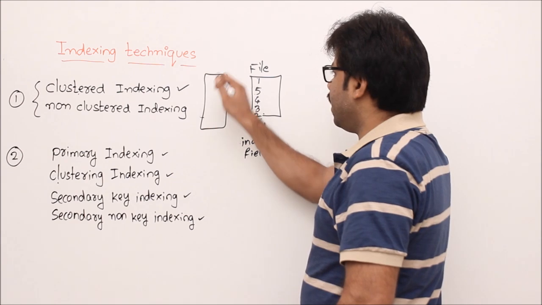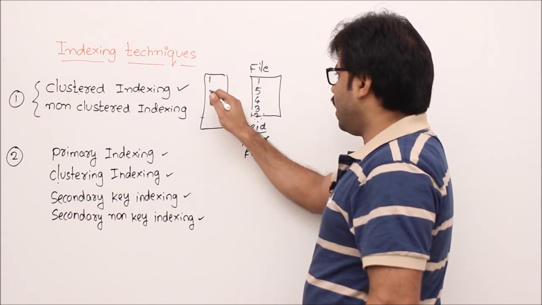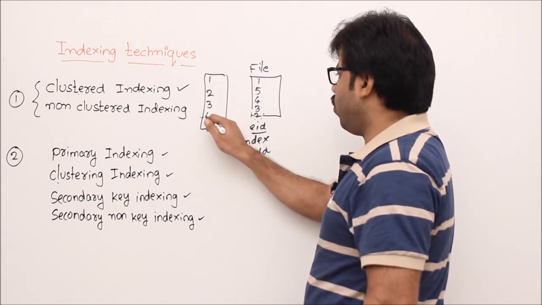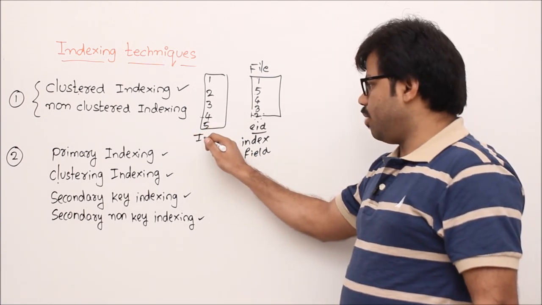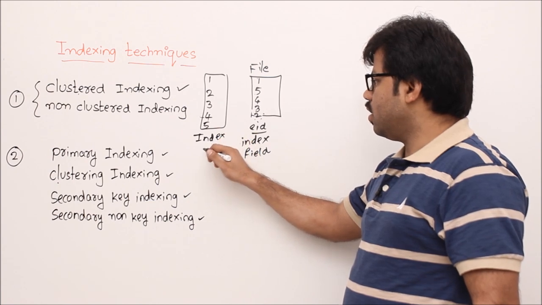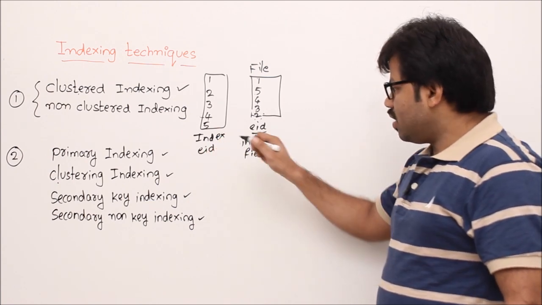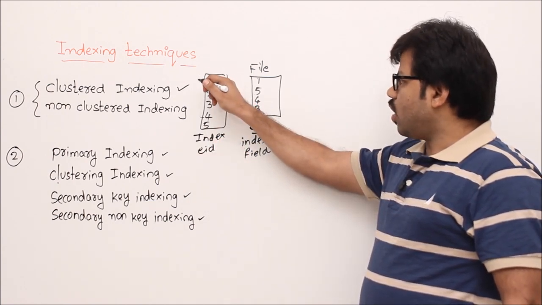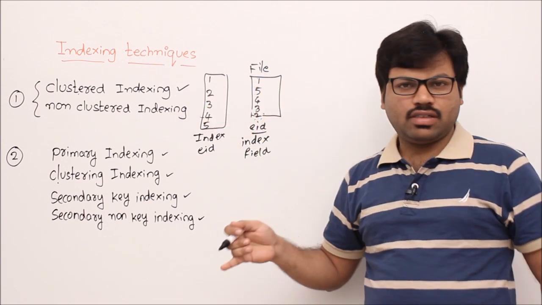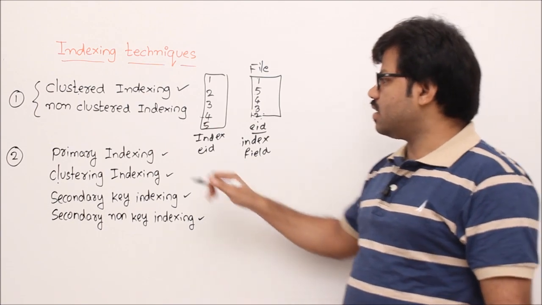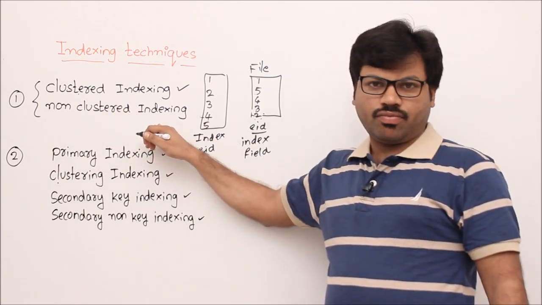Now your index is created, and the order of the index is 1, 2, 3, 4, 5. This is your index on the same employee ID. With respect to employee ID, the index order is 1, 2, 3, 4, 5 and your data order is 1, 5, 4, 3, 2, and they are not the same. Then we say that such indices are non-clustered indexing.